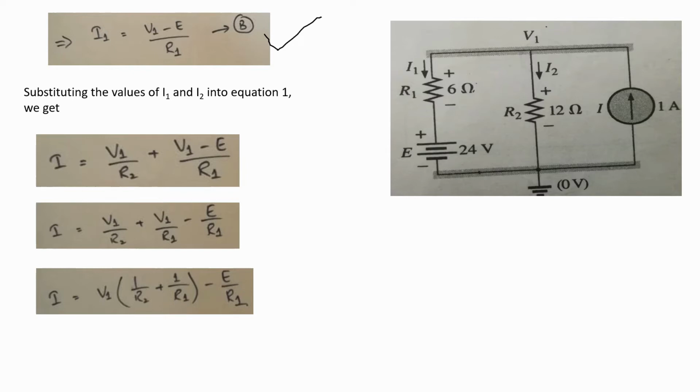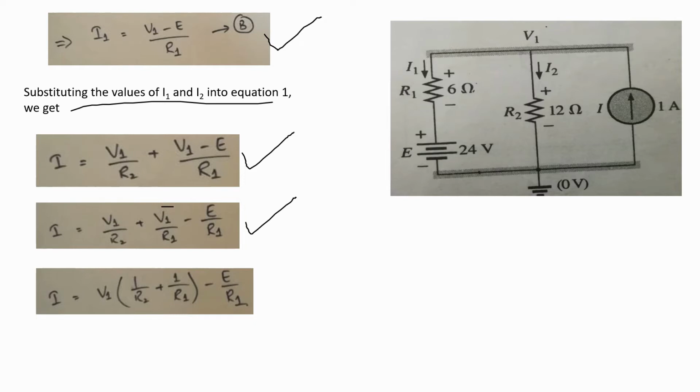Substituting the values of I1 and I2 into equation 1, we get I is equal to V1 by R2 plus (V1 minus E) divided by R1. When we simplify this equation, you will get I is equal to V1 by R2 plus V1 by R1 minus E by R1.